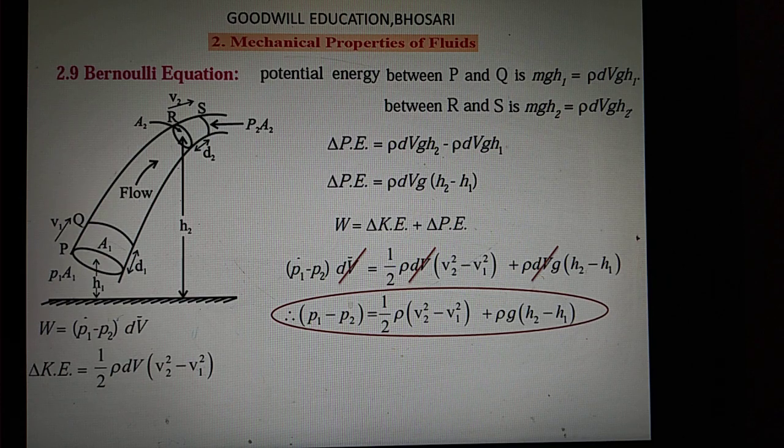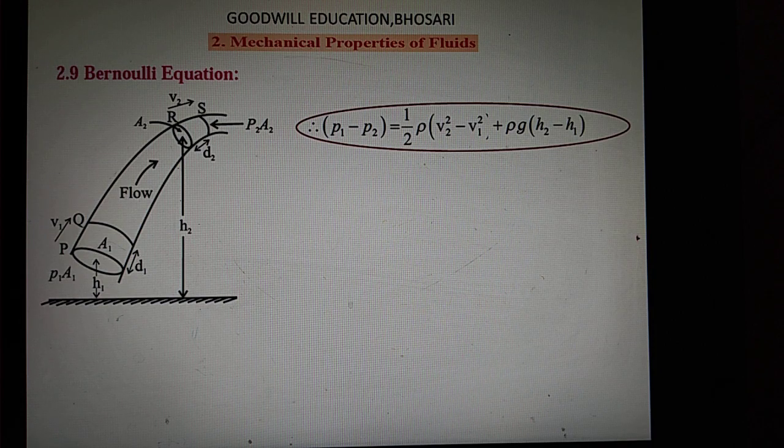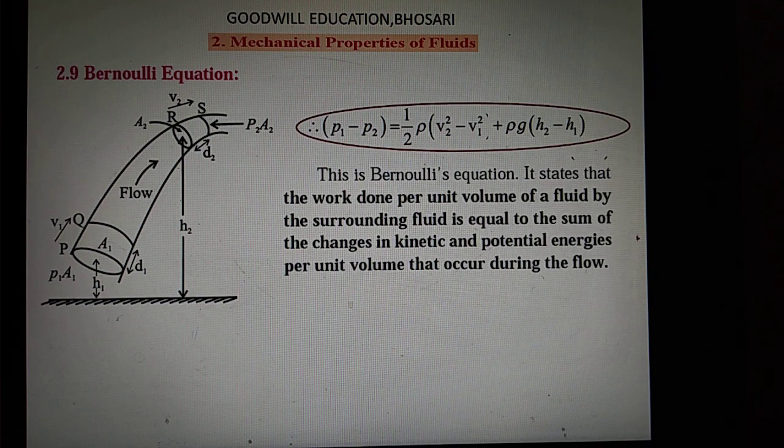This is called Bernoulli's equation. Clear? So this is the Bernoulli's equation. It states that the work done per unit volume of a fluid by the surrounding fluid is equal to the sum of the changes in kinetic and potential energies per unit volume that occur during the flow.